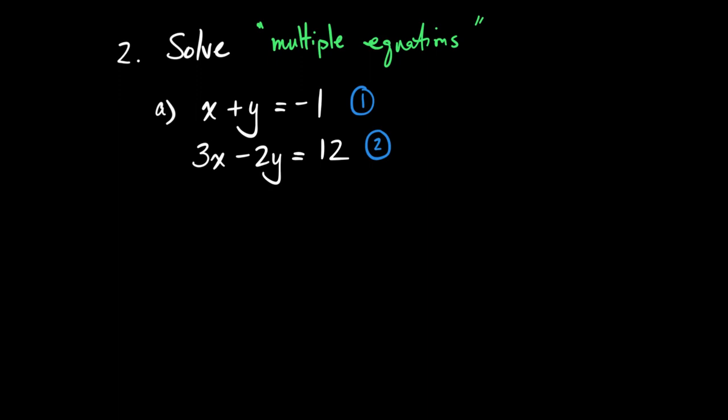It doesn't have to be 2, but I don't know why you would start with something different. By writing down a number and circling it, I just gave that a universal name. Everybody who sees those two equations can refer to them as equation 1 and equation 2.